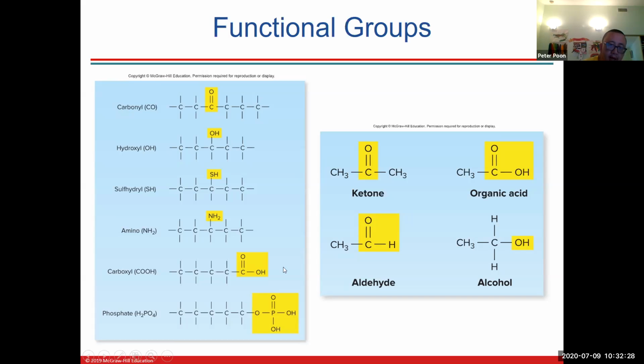Carboxyl groups, this is an acid. This is a pretty useful acid. A lot of the acids that we use have this group right here. And then this is a phosphate group.